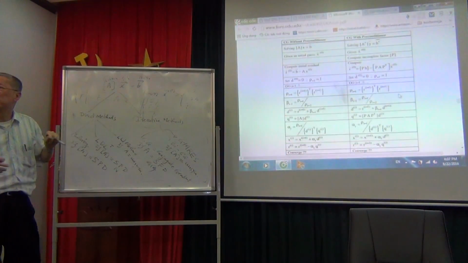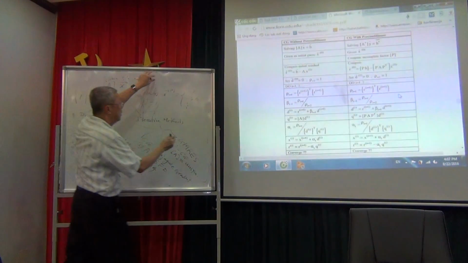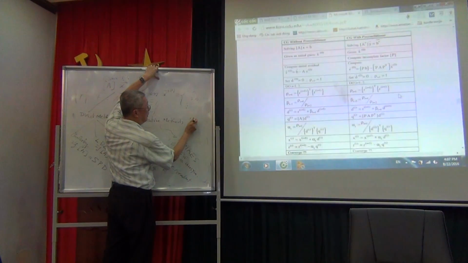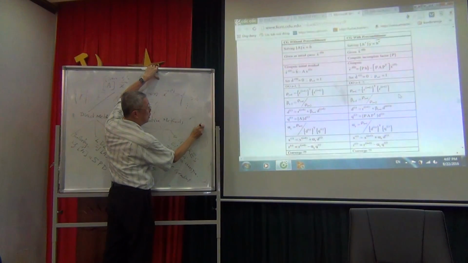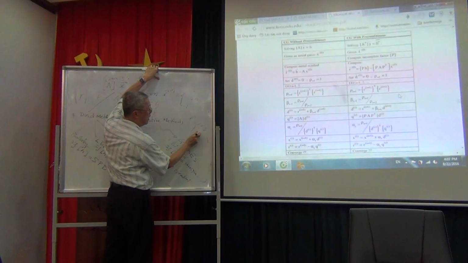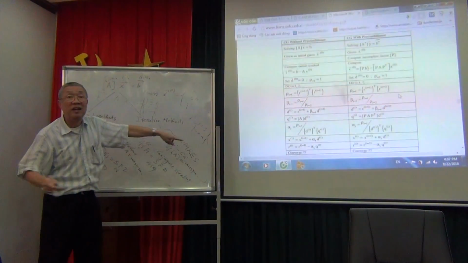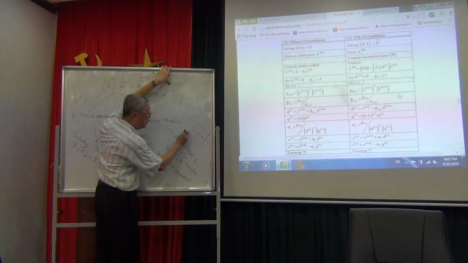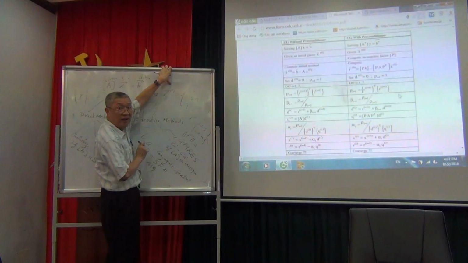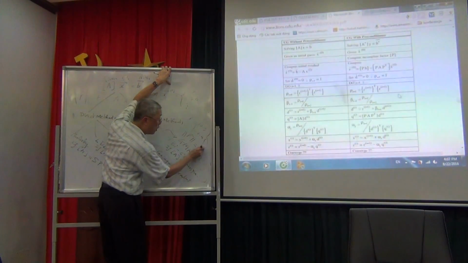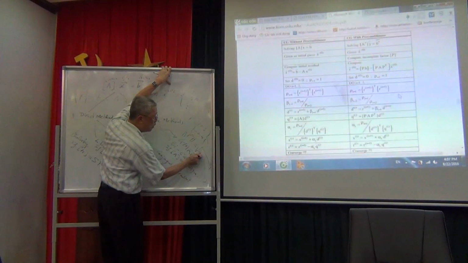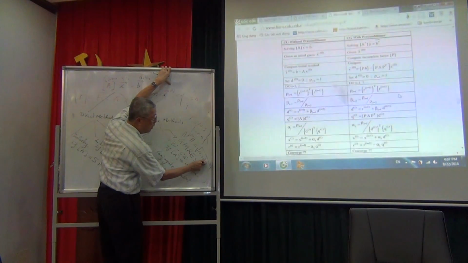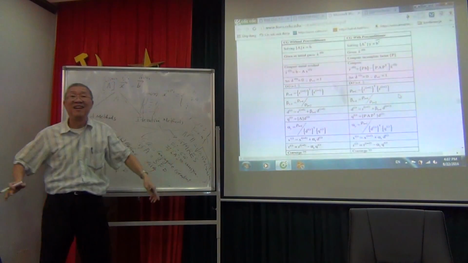Do you understand the norm? Let me give you an example. Suppose the residual vector is equal to, let's say, 0.3, minus 0.4. What is the norm of the vector R? It will be equal to the square root of 0.3 squared plus negative 0.4 squared.